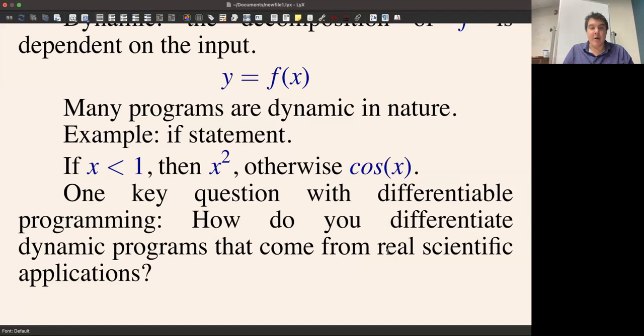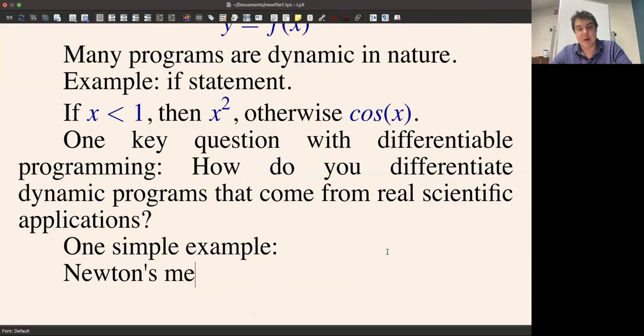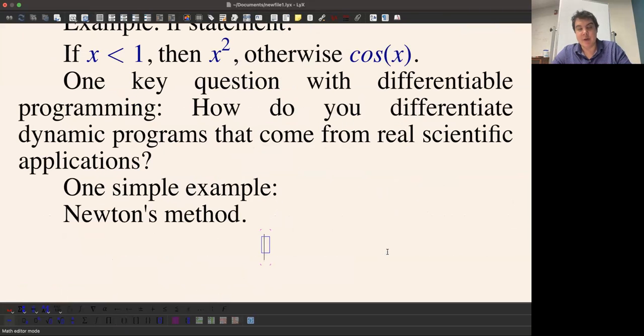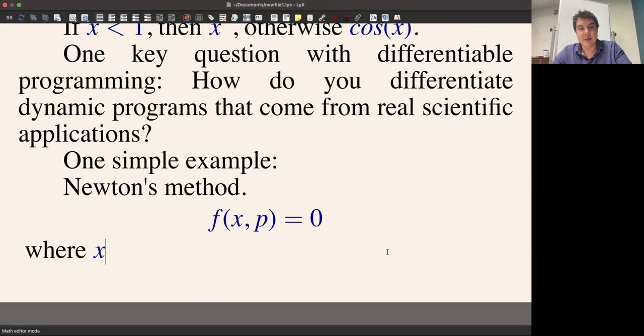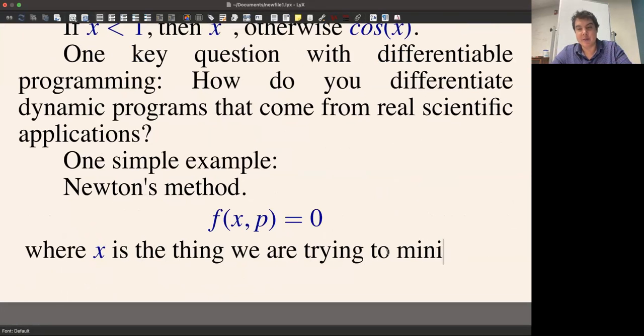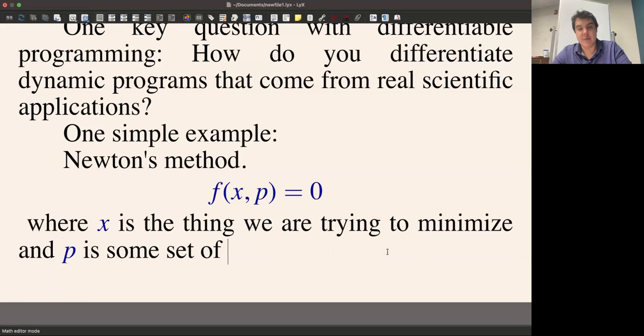There's actually a fairly simple one. One simple example to start with is Newton's method. So we have f of x, p equal to 0, where x is the thing we are trying to solve for, and p is some set of parameters.